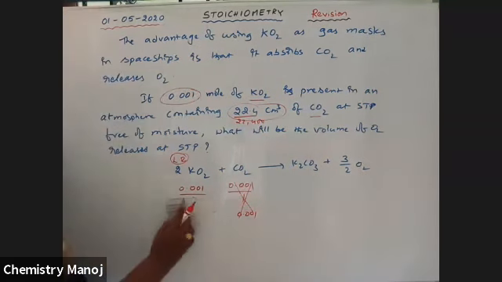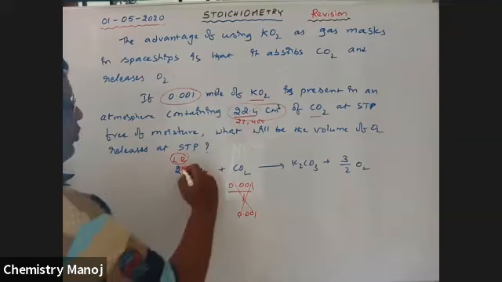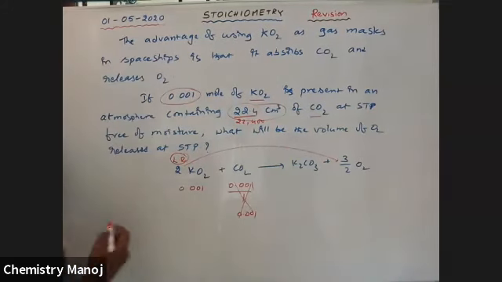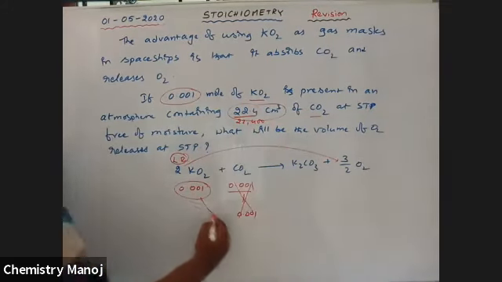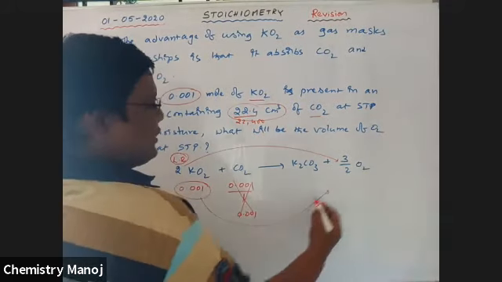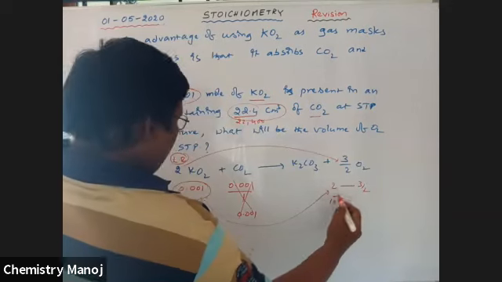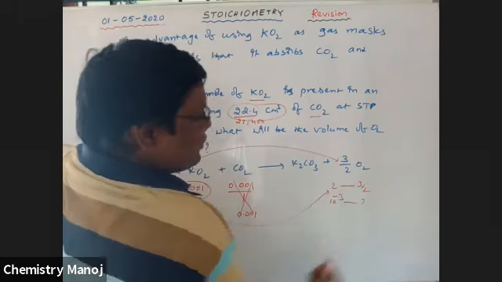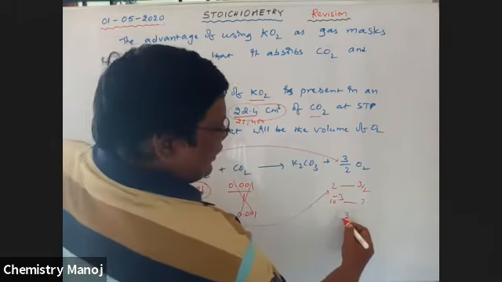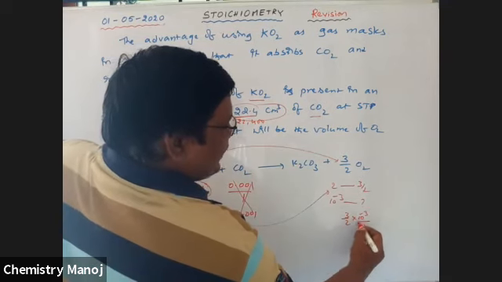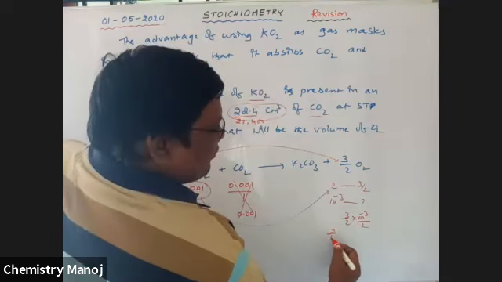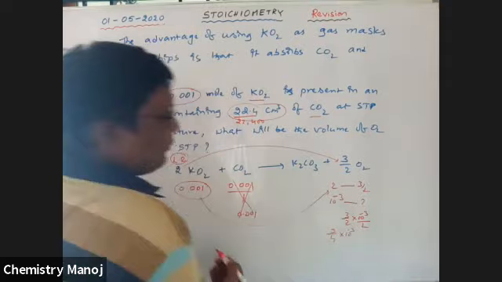Now 2 moles gives 3 by 2 moles oxygen. 10 power minus 3 gives how much? That is 3 by 2 into 10 power minus 3 by 2, that is 3 by 4 into 10 power minus 3 moles.